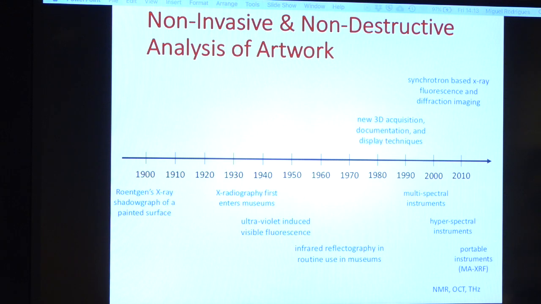This was followed by the use of ultraviolet-induced visible fluorescence, followed by infrared reflectography around the 60s. And since then, a number of more sophisticated imaging techniques have been introduced to study artwork. For example, around the 90s through 2000 and more recently, people started using multispectral and hyperspectral instruments.